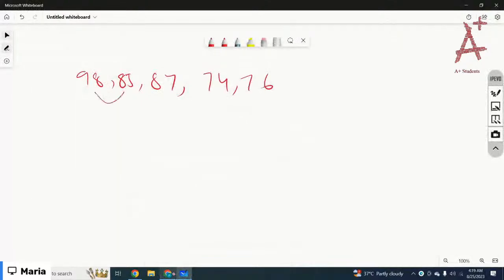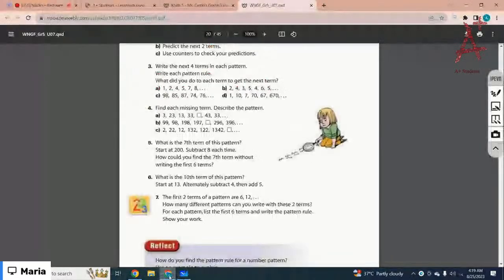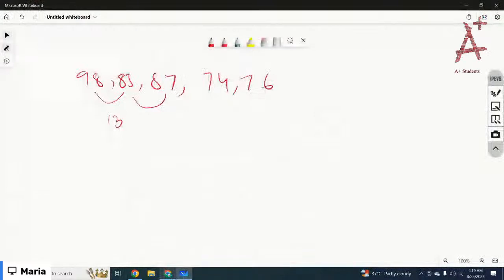Decreasing by what number? 98 minus 85 is 13, right? Then 85 plus 2 is 87.